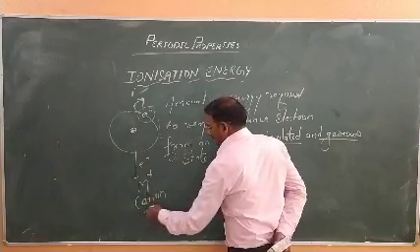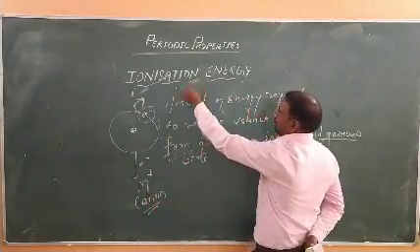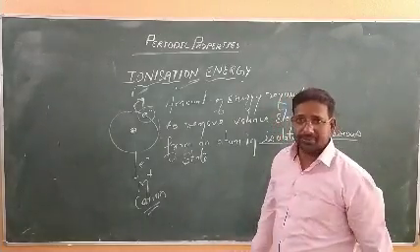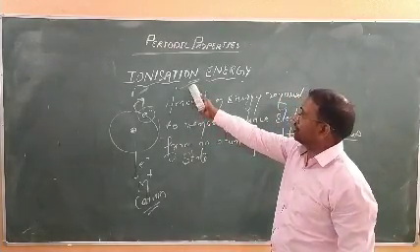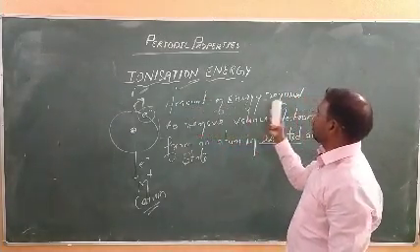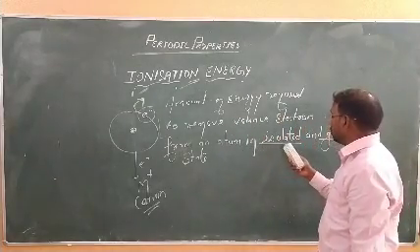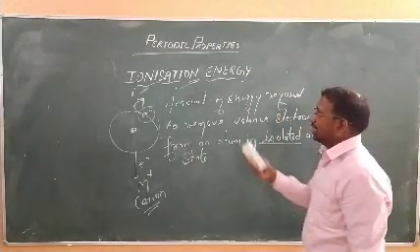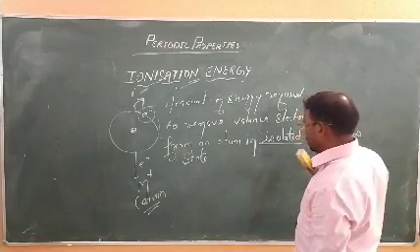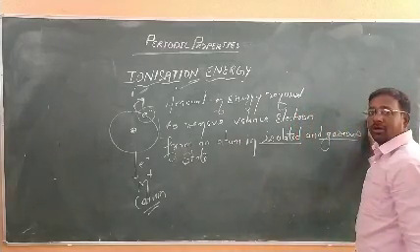Cation. So ionization energy deals with the formation of a cation. The definition: the amount of energy required to remove a valence shell electron from an atom in isolated and gaseous state is called ionization energy. Please note it down in your copy.